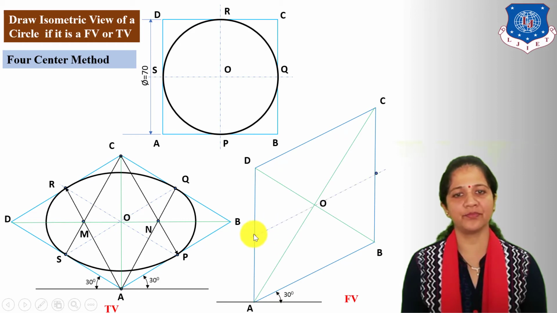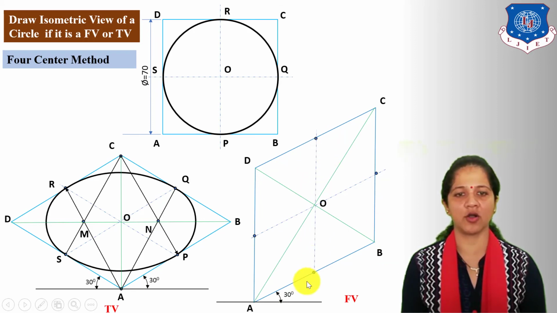Next, connect the middle points of the AD and BC edges, passing through point O and parallel to the AB line. Next, connect the middle points of the AB and CD edges, passing through point O and parallel to the AD or BC line.